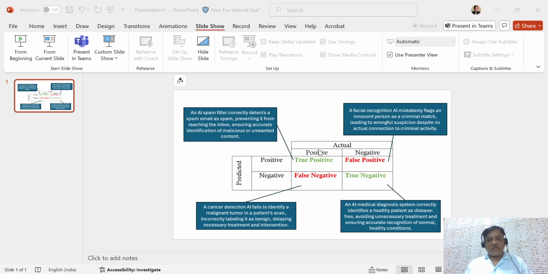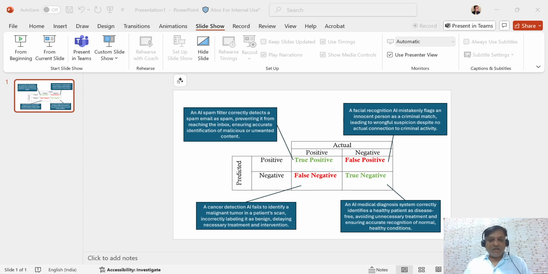So here, for every quadrant, I have written an example.